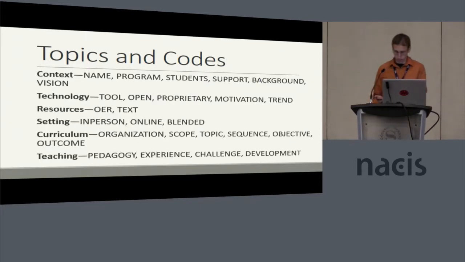These were the codes that I used to code the interviews. Some codes were contextual: what's the course, name of the course, what information about the program, is it a GIS program, is it cartography, master's, undergrad, etc. Statements about students, statements about the instructor's background, etc. Technologies: what tools are people using, are they open or proprietary, what's their motivation for using certain tools, what trends do they see in the marketplace, what resources they use, if they're open educational resources or if they use a textbook in class.